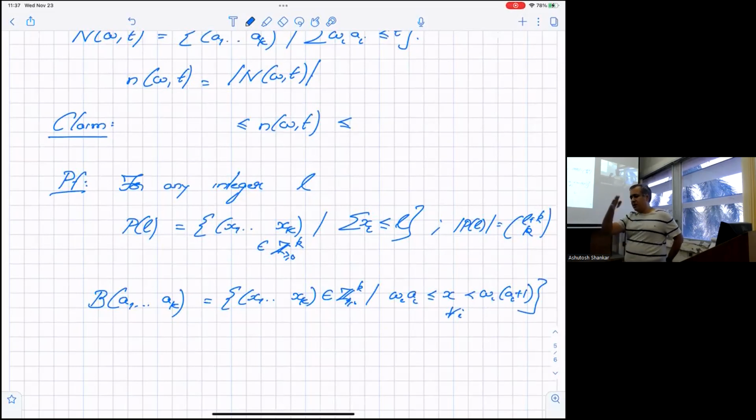It's a box, closed on one side and open on the other sides. And notice these boxes, as you range over a1 to ak, form a complete covering of the k-dimensional space.